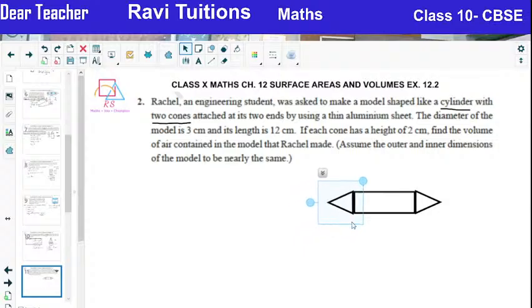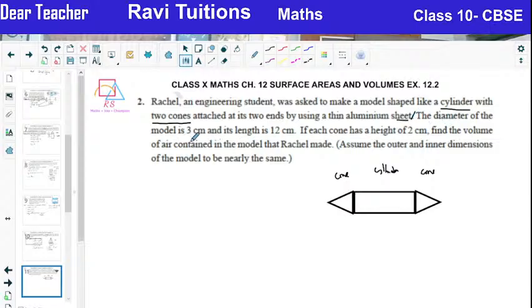It comes like this. Now this figure has a cylinder in the middle, and this is a cone, and this is a cone. Two cones. So now as per this I have got the diagram. Till here it is over.